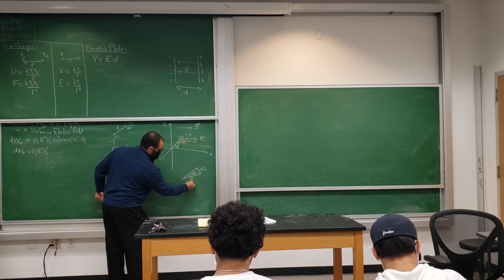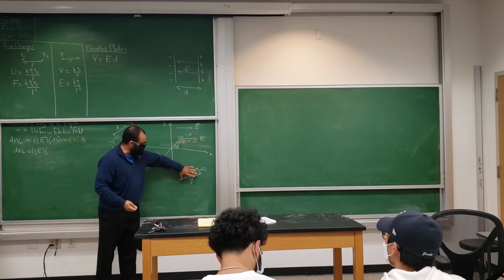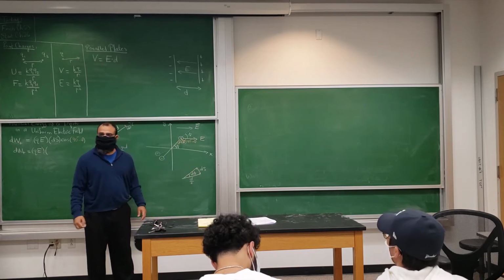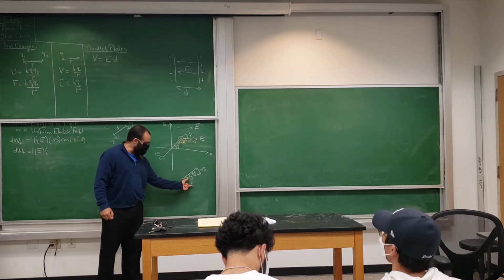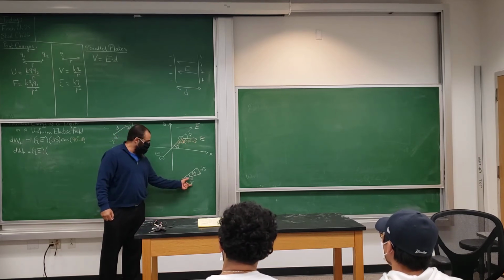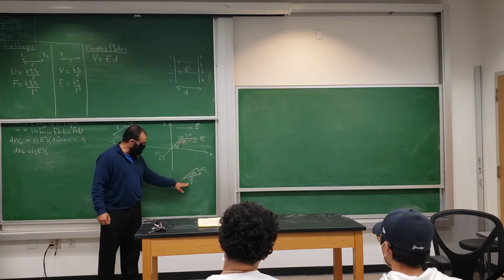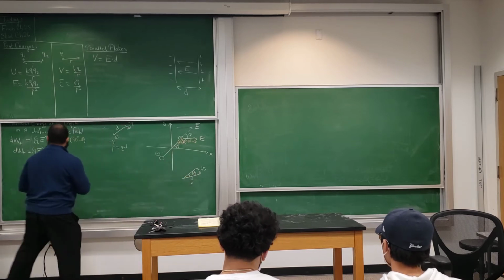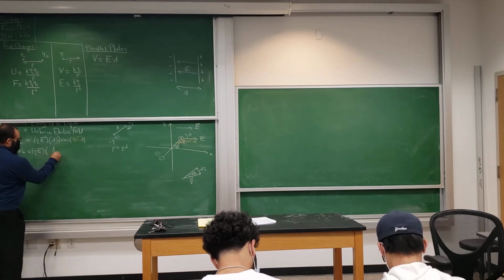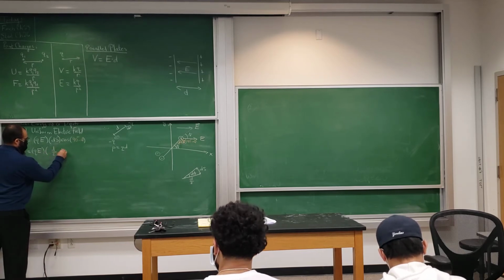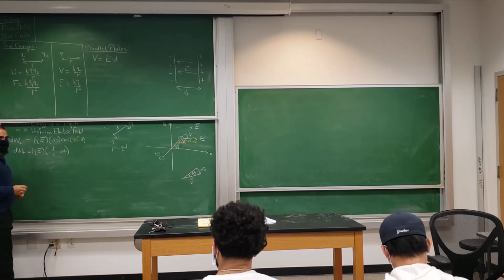D over 2, thank you. And what's the relationship between arc length and the radius of the circle? s equals r theta. In this case, r is d over 2, and theta is just d phi, this small angle. So ds is d over 2 times d phi. And then the cosine of 90 minus phi is sine of phi.